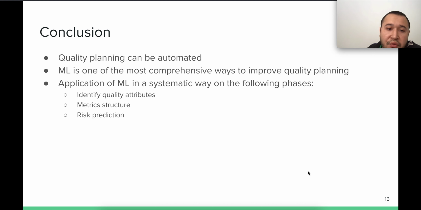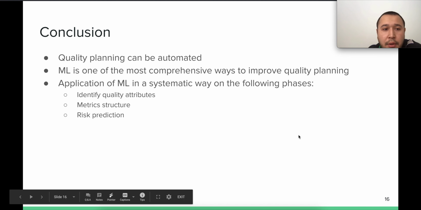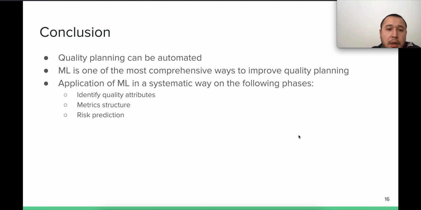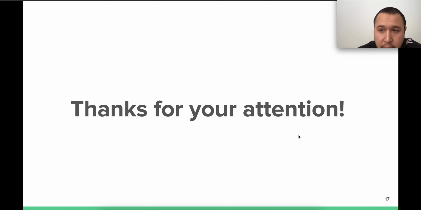In each of these phases, we have suggested how we can apply machine learning. So this was our topic about improvement of quality planning using machine learning techniques. Okay, thanks for your attention and thank you a lot.